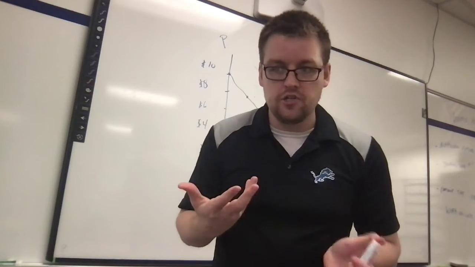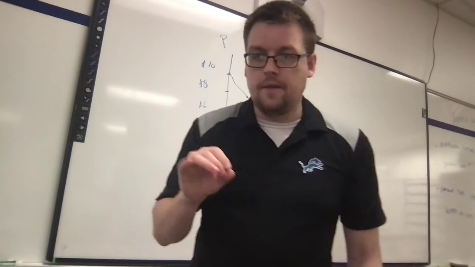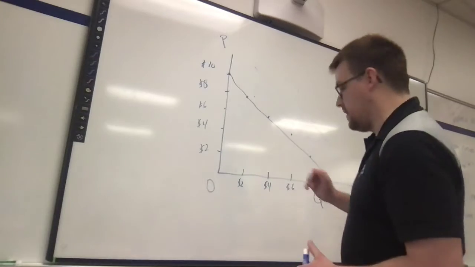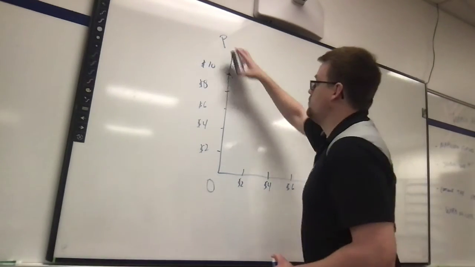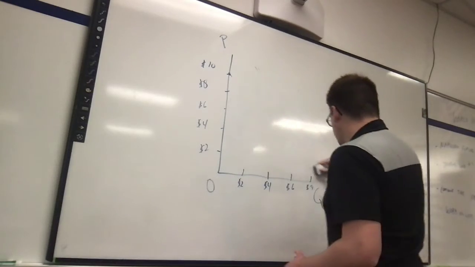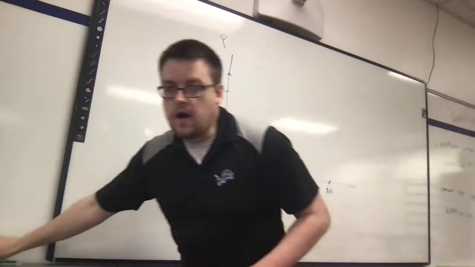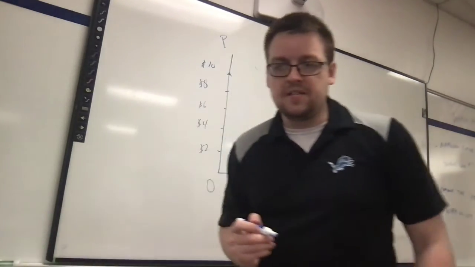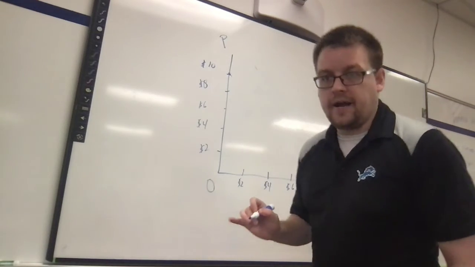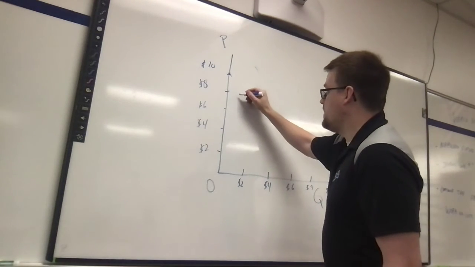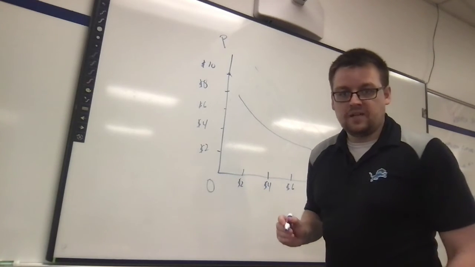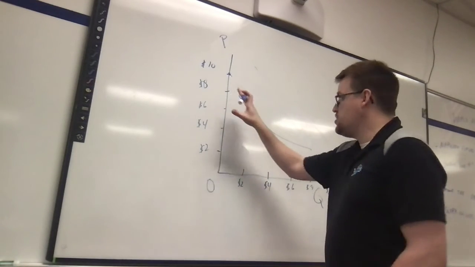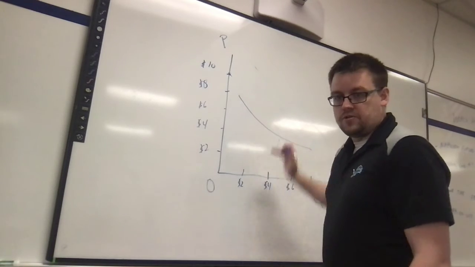It doesn't change much. There's a really good graph that shows this, and I'll pull it up here real quick. We'll just use a line here. With elastic demand, the line from point A to point B is going to look like this, not as steep, kind of a gentle slope.